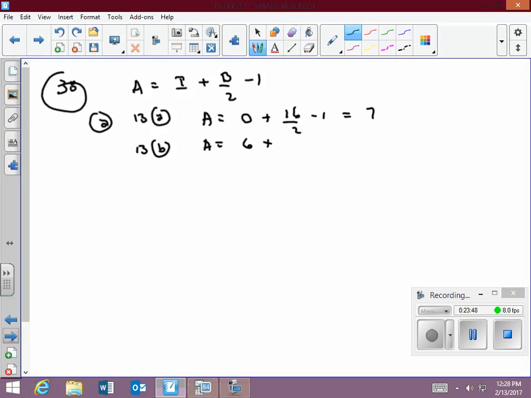How many on the border? 13, 14, and then minus 1, right? 6 plus 7 minus 1. 12, right?